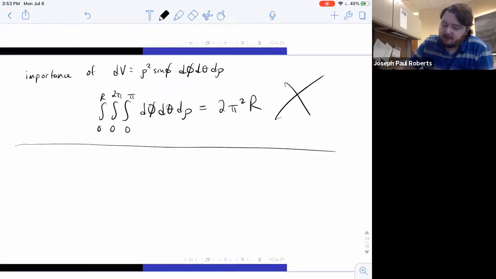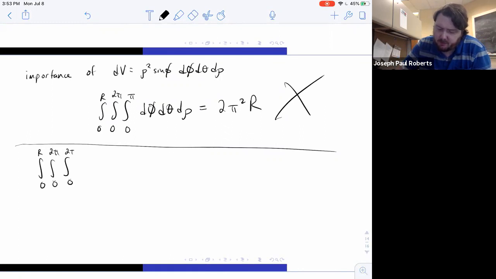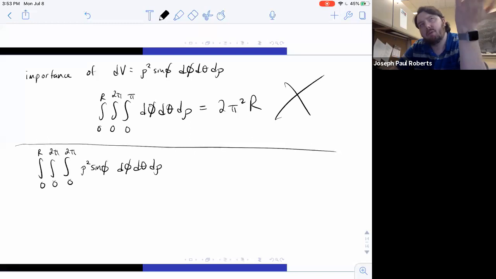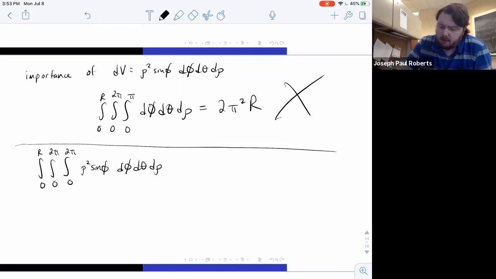So I guess the other thing is, what if I did 0 to r, 0 to 2 pi, 0 to 2 pi, rho squared sine phi, d phi, d theta, d rho. Those of you who thought, okay, to do all angles, let's let both of them go 0 to 2 pi, you'll end up getting the same thing for your rho and theta integration.